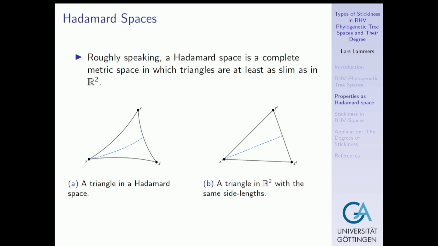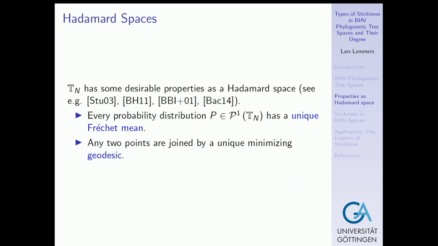So roughly speaking, the geodesic triangles in our space are smaller, informally speaking, than triangles with the same side lengths in R². So for us, as statisticians, it now has a couple of nice properties as a Hadamard space.